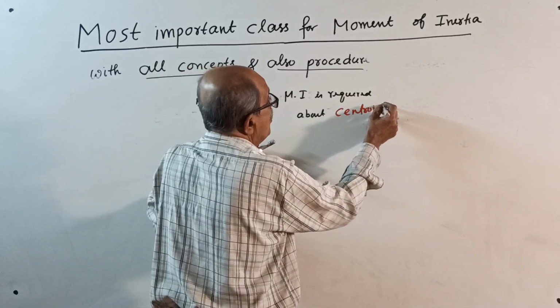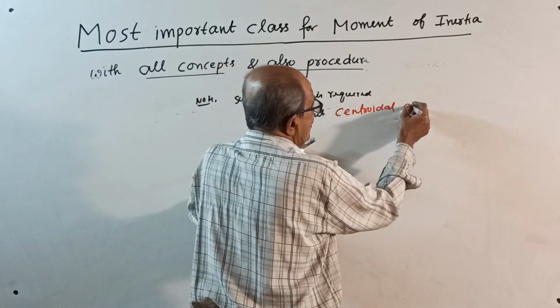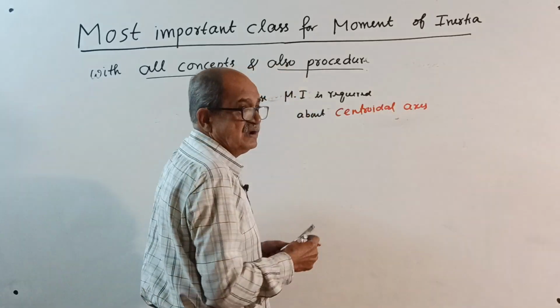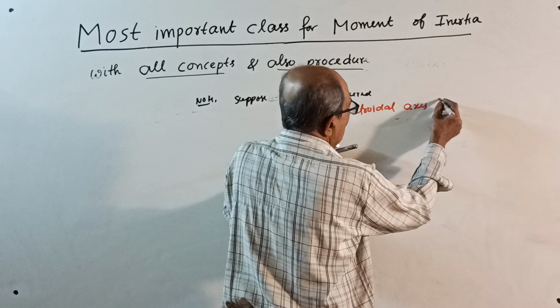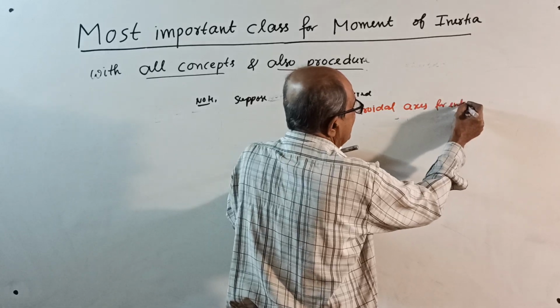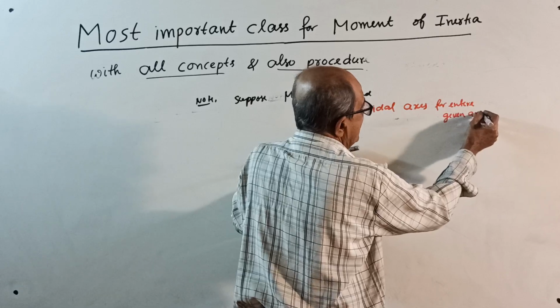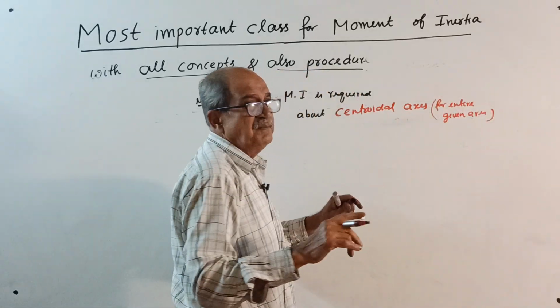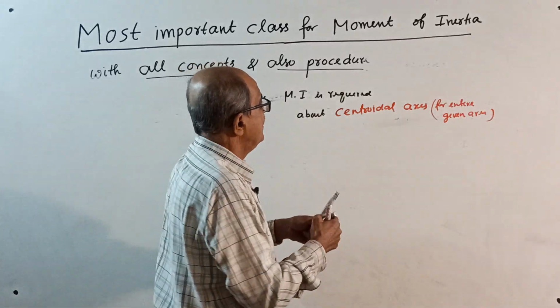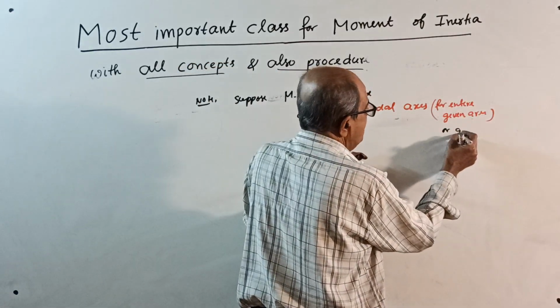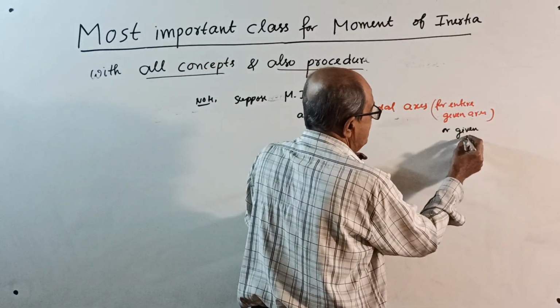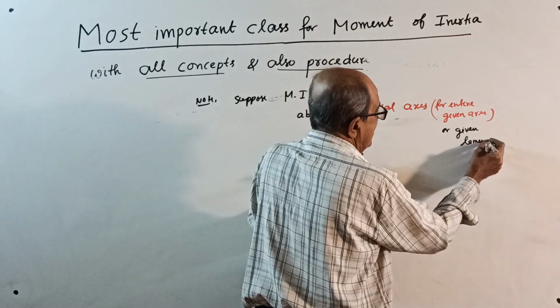That's the most important in structural engineering. Centroidal axis for the entire area. For the full given area, some shape will be there, lamina, given area or given lamina. Okay, I can use the word lamina now, much better.